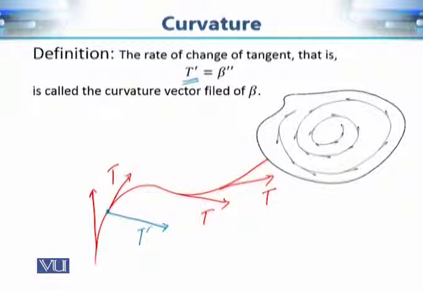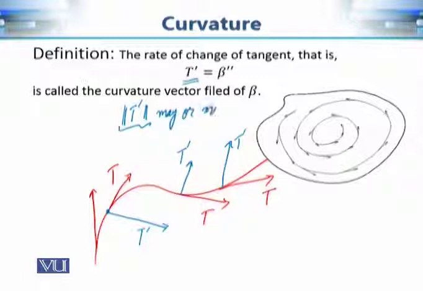So this T prime is going to provide me another vector at each and every point, and this T prime may or may not be a unit vector field, because the magnitude or the length of T prime at each and every point may or may not be 1, and it depends on the properties of the curve, but one thing is sure, that we have imposed the condition that the magnitude of T is 1.